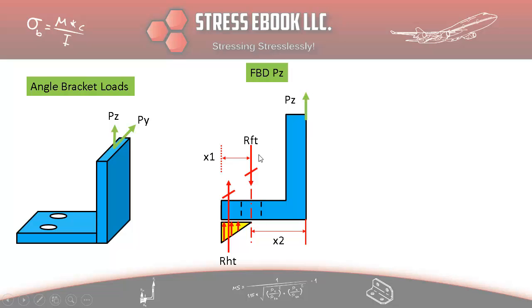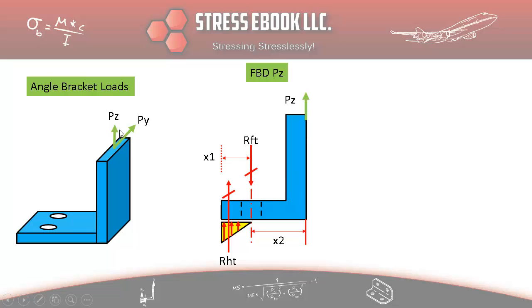This is where we resolve the heel toe reaction load and the fastener reaction load, tension load, using this vertical PZ. If you want to know more about this particular type of free body diagram, go back to that first video on my YouTube channel. I'm just going to show this to you here, but we're not going to go too in depth into this itself.